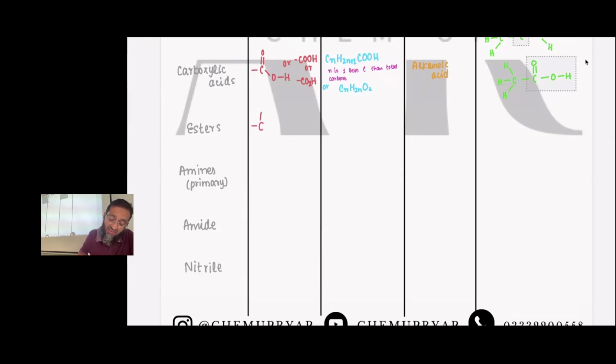So C double bond O, and that O must be bonded to C. So basically, the functional group is this part. And the O must be bonded to a further carbon, because if it's not bonded to a carbon, then it must be bonded to a hydrogen. That makes it carboxylic acid. And on the left side of the carbon which has a double bond with O, it can be hydrogen or carbon, it doesn't matter. Okay.